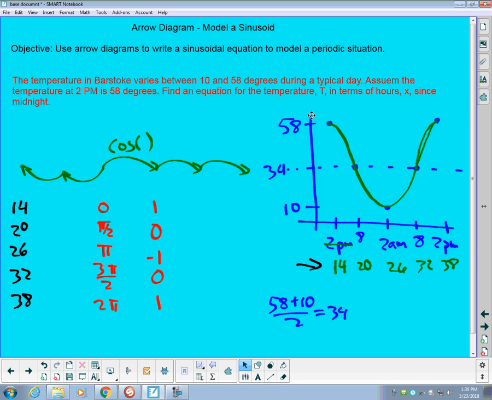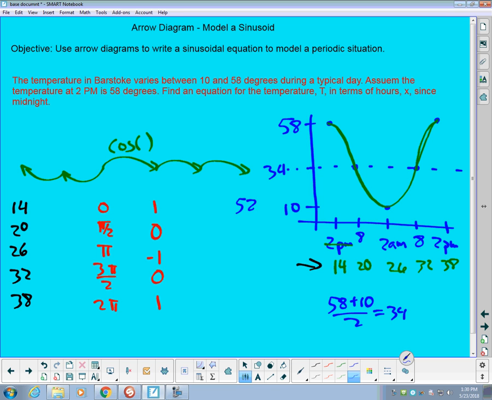And we'll grab another color over here and shift this out of the way one more time. And the high point, again, we said is supposed to be 58. The middle is 34. The low is 10, back to the middle of 34, and back to the high of 58. So if we look at this, let's look at the output side here first.